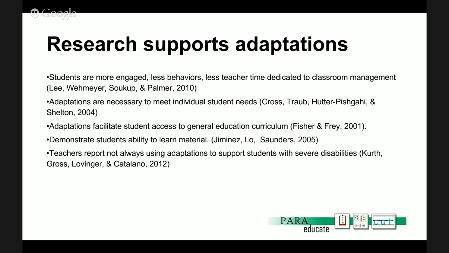We need to help our students with severe disabilities to get into our general ed material, to be a part of their campus, to be seen, to be heard, and to be honored that they too can participate.